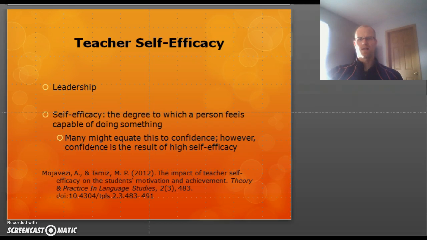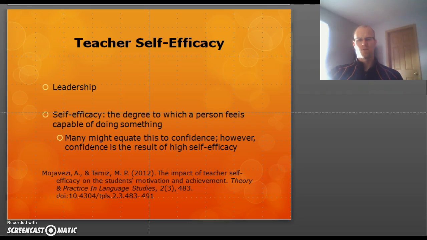But I'd also like to stress the importance of self-efficacy and also to clarify. Self-efficacy is the degree to which a person feels capable of doing something. In our cases, capable of teaching a grammar lesson effectively, teaching our students pronunciation more effectively, for example.